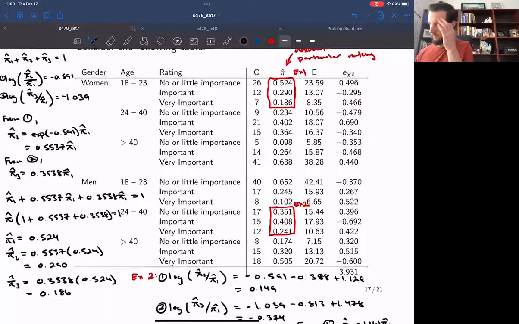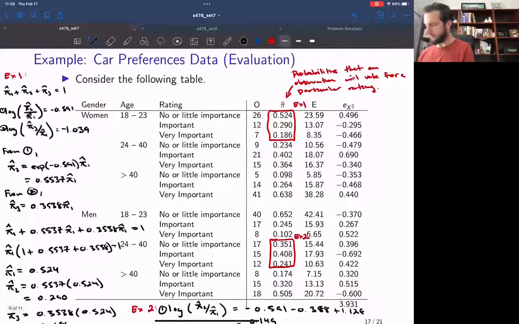I forgot to mention this. First off, the residuals here are the observed minus expected divided by the square root of the expected. You can compute those directly from the values given in the table for all of the different outcomes. This value here is little n times pi hat, where little n is the value given in the original table.